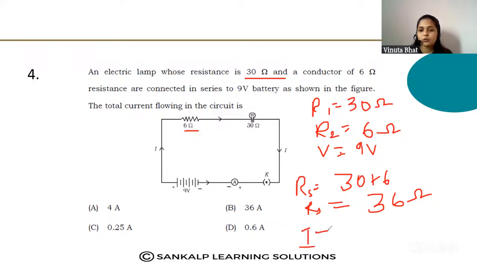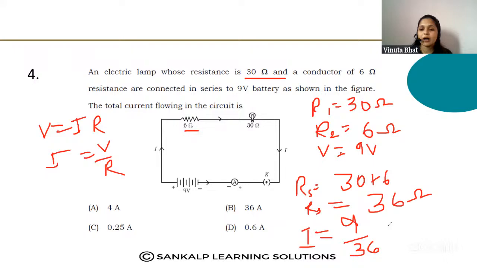We apply the formula V is equal to IR, so I is equal to V by R. V is given as 9 and 36 is the value of R. So 9 divided by 36 is equal to 0.25 ampere.